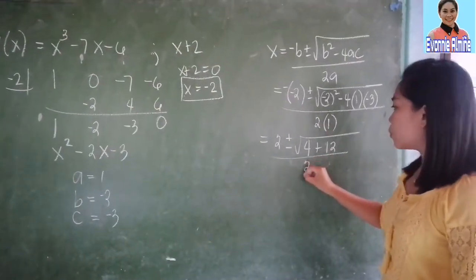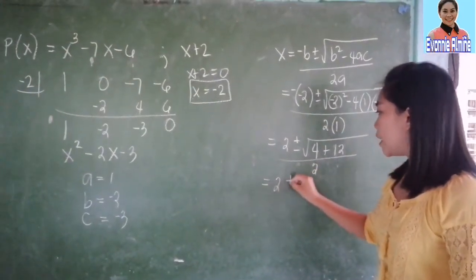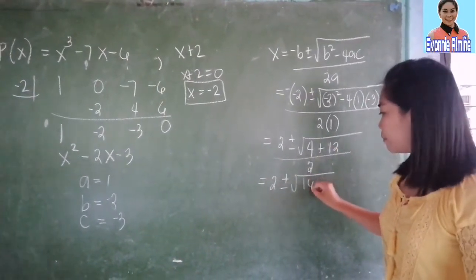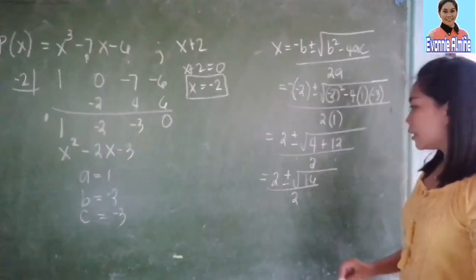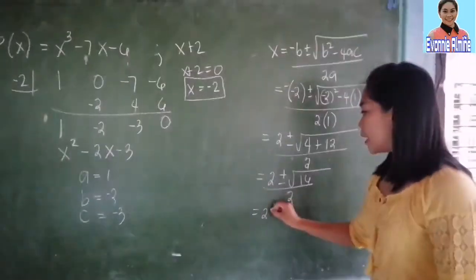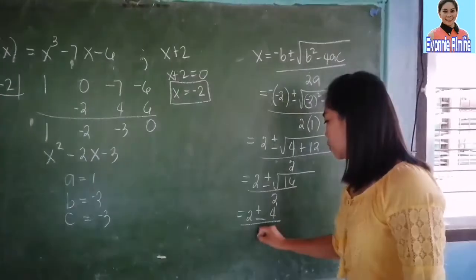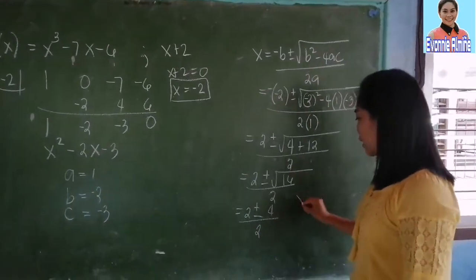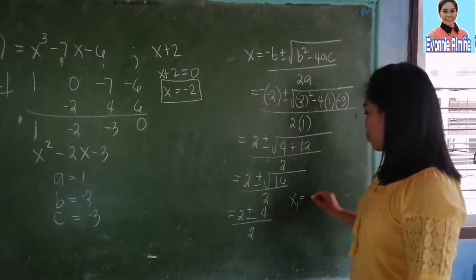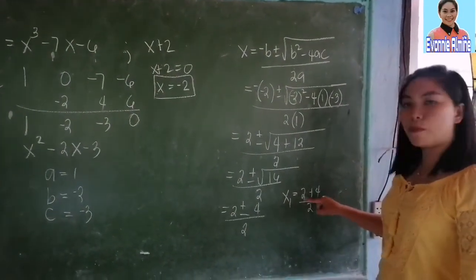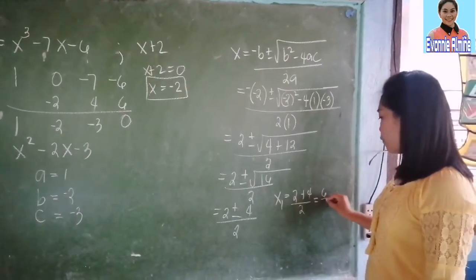Then, over 2. So, 2 plus or minus, 4 plus 12, you have 16 over 2. Now, 2 plus or minus square root of 16 is 4 over 2. So, you have x of 1 is equal to 2 plus 4 over 2. So, 2 plus 4, you have 6 over 2.